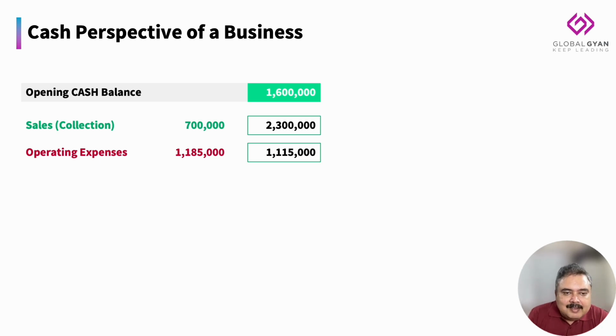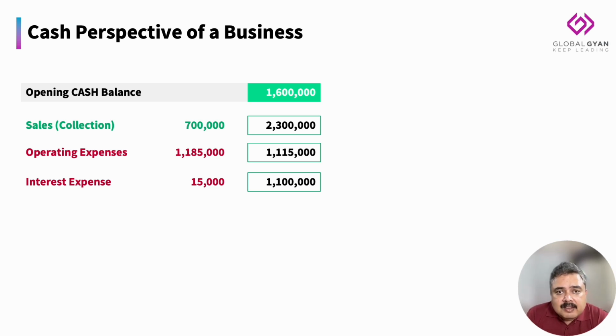So the balance is reduced because you paid your vendors, and then maybe there's some bank interest that you've paid because you've taken some loans. Let's just say it's 15,000, and in order to enhance your factory, you also had a capex of 600,000. So all of this put together brings your balance down, and because your cash is coming down, you decide, I need to borrow some money for my future.